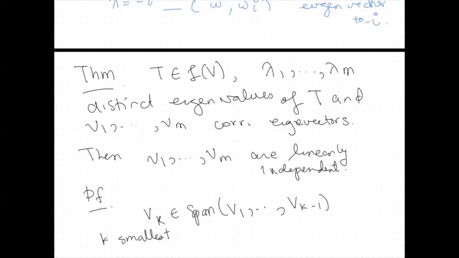Here we assume that this is linearly dependent. So we can let k be the smallest such that vk is in the span of the first k minus 1 vectors.